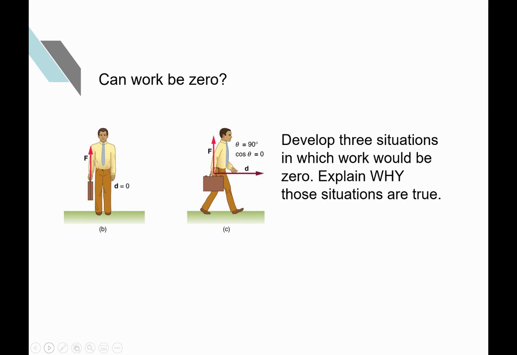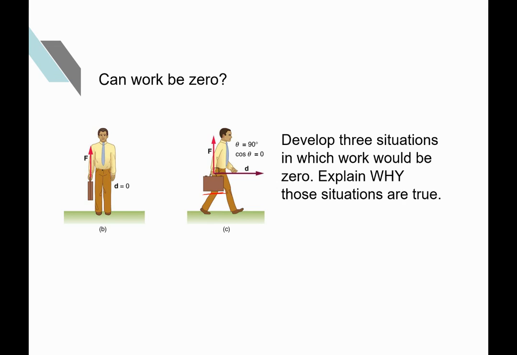So when you're looking at a situation right here, with this man holding his briefcase, he is lifting up a suitcase or a briefcase, but he is not applying the force on that suitcase in the same direction as the distance that he's traveling. And so therefore there is no work being done.